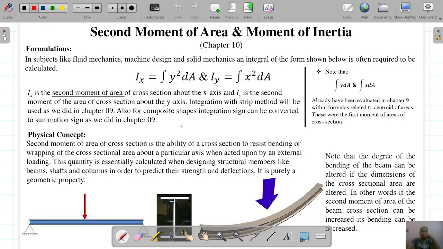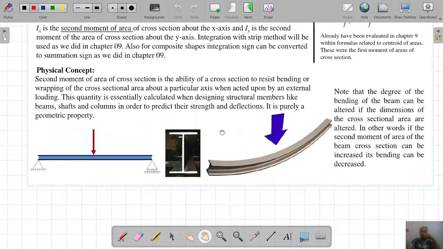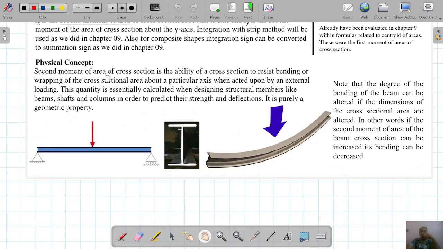For composite shapes, this physical concept is very important. Whenever we are doing beam designing, anything related to beam design, we will be using this. The second moment of area of a cross section is the ability of the cross section to resist bending, or wrapping around the cross sectional area.